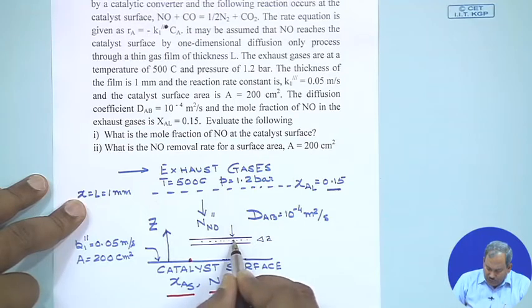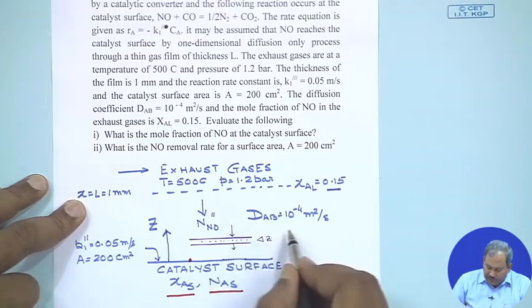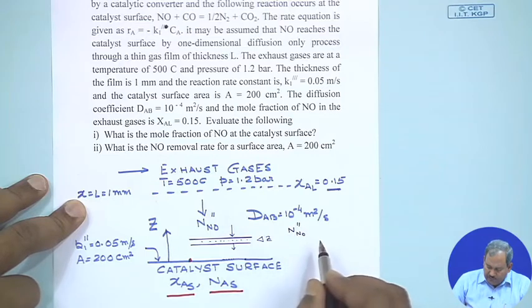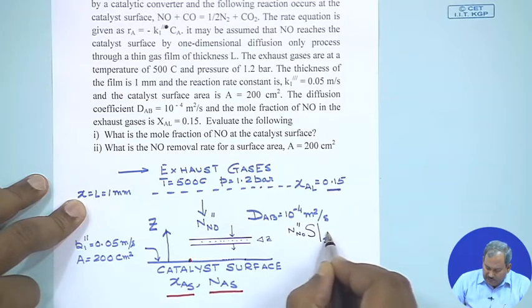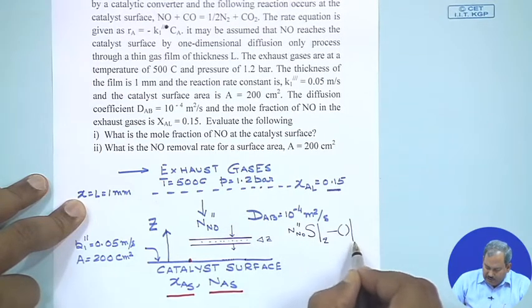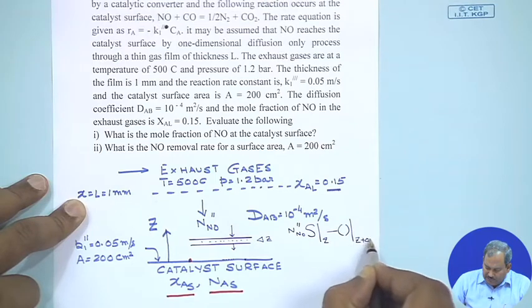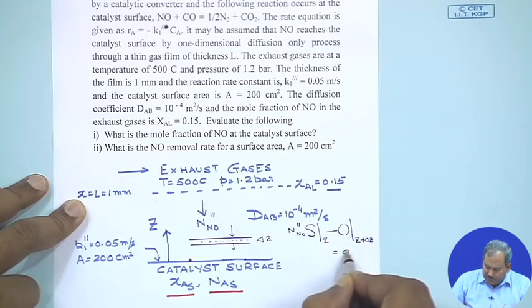So, there would be no source or sink terms in here, and it is a diffusion only process. So, if I say this is NO, this is the flux, and the flux multiplied by the area evaluated at z minus the same thing evaluated at z plus delta z would be equal to 0.